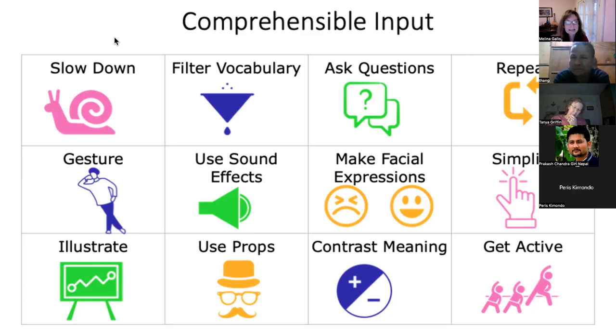So asking them questions gets them to interact, to produce language. And even when they have very little language, they can point, they can start to say one word. Even if they don't remember the word and you say, what is this? And they say, oh, I don't remember.